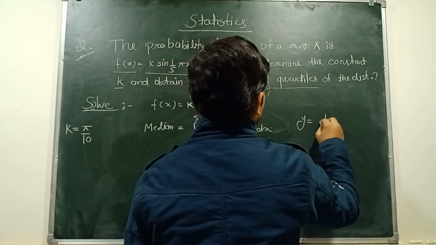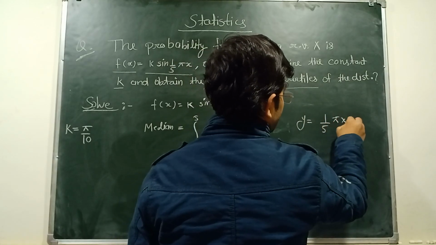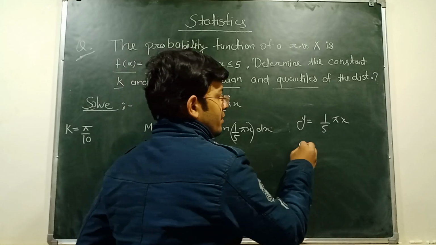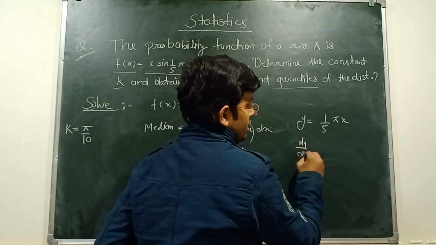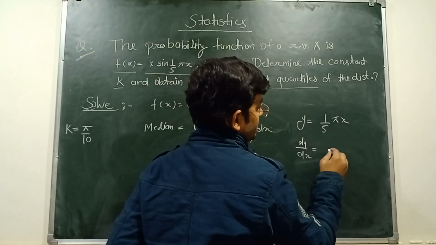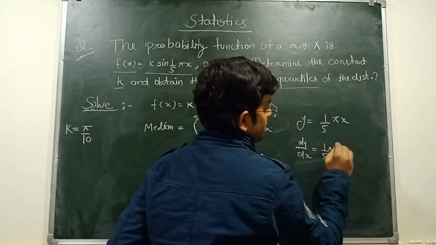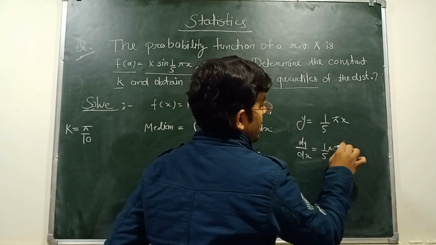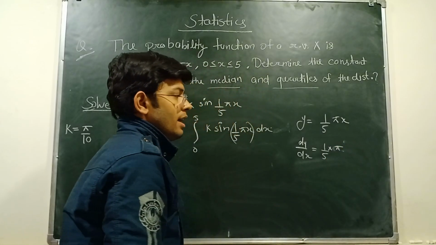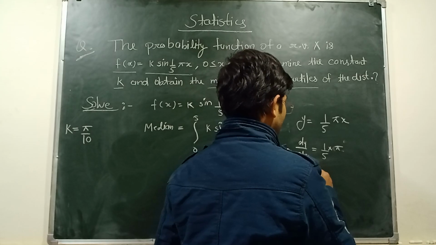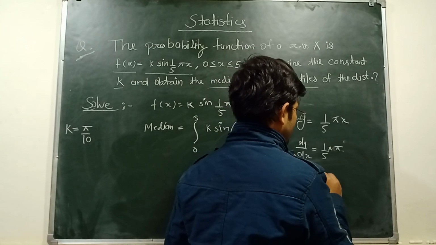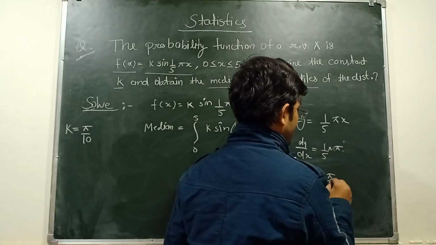So y is equal to 1 upon 5 pi x, and if we differentiate this, we get dy upon dx equal to pi upon 5.